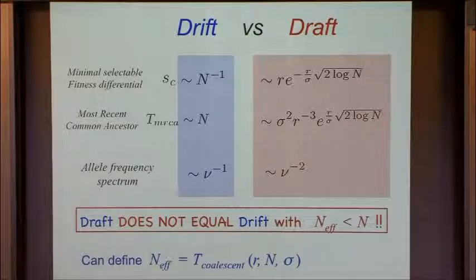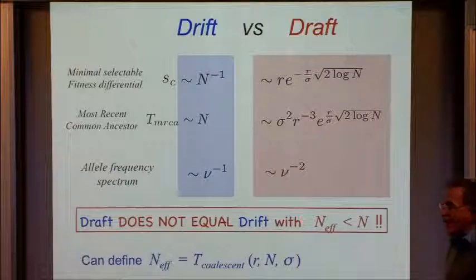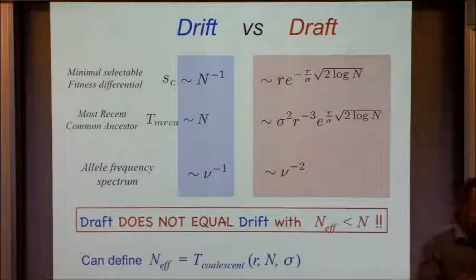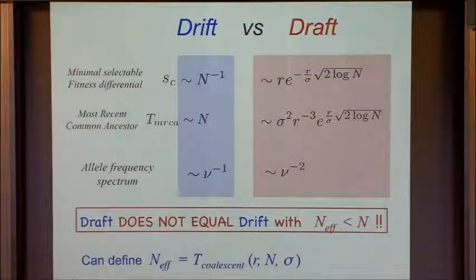So the effective population size is this notion that if you have this draft in the population, it introduces an additional stochastic, if you like, force into the dynamics of alleles, which can nevertheless be captured simply by saying that the effective population size is smaller than the census size, the number of individuals in the population, right?